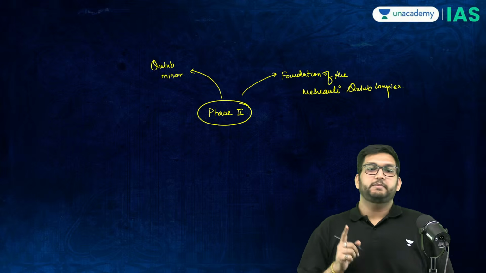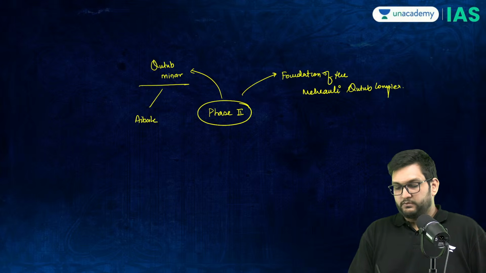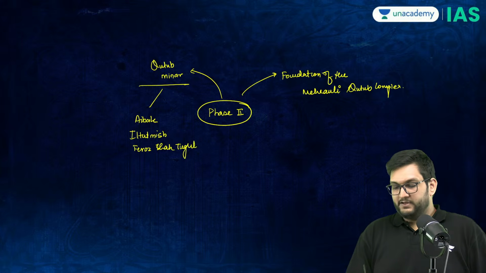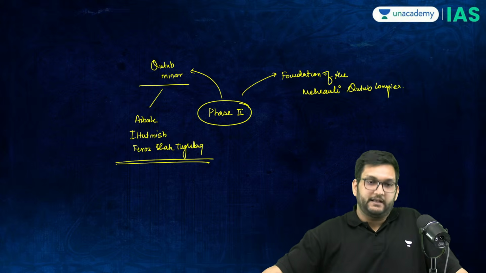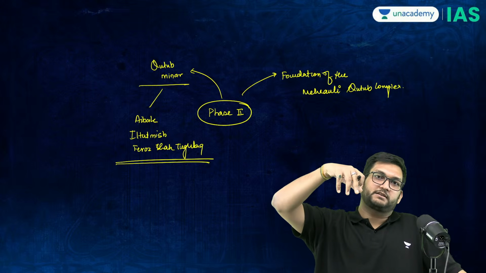The foundation will be laid by Aibak. It will be completed under Iltutmish. It will also see certain additions under Firoz Shah Tughlaq, and even the British added certain structure on the top of Firoz Shah Tughlaq's work.